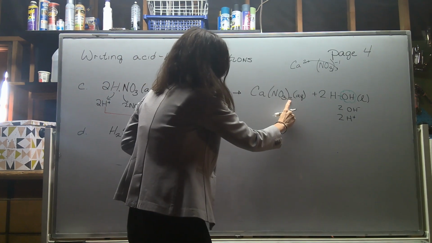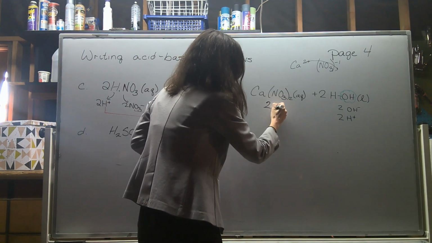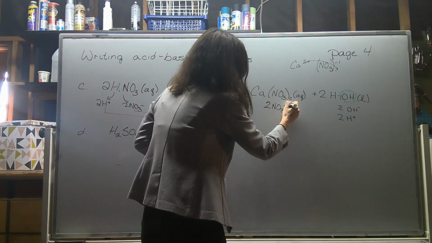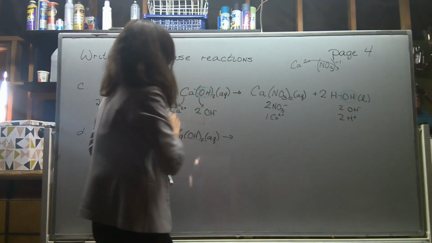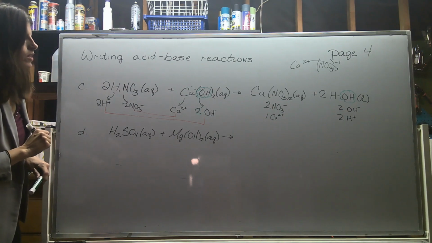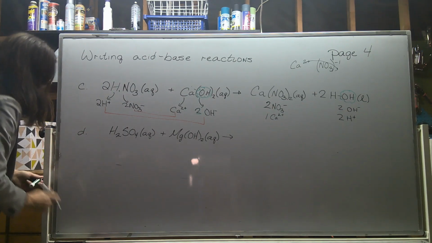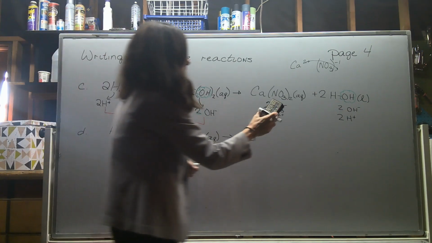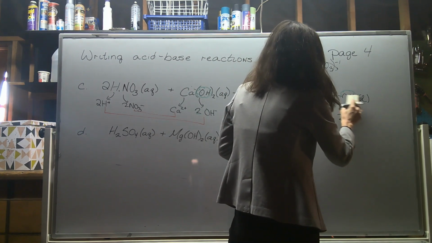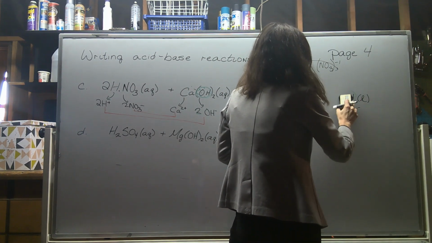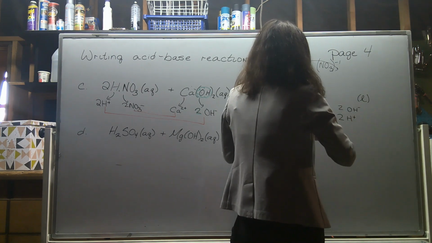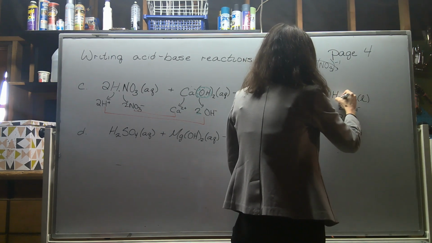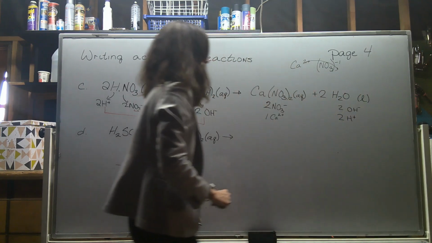There's this subscript here, which tells me that I have 2 nitrates and 1 calcium. And that corresponds with the 1 calcium over here. So now I'm balanced. And to wrap up this problem, then I'll change it back to just regular old water. That was just to help me balance it. So I'll rewrite it as 2H2O liquid.